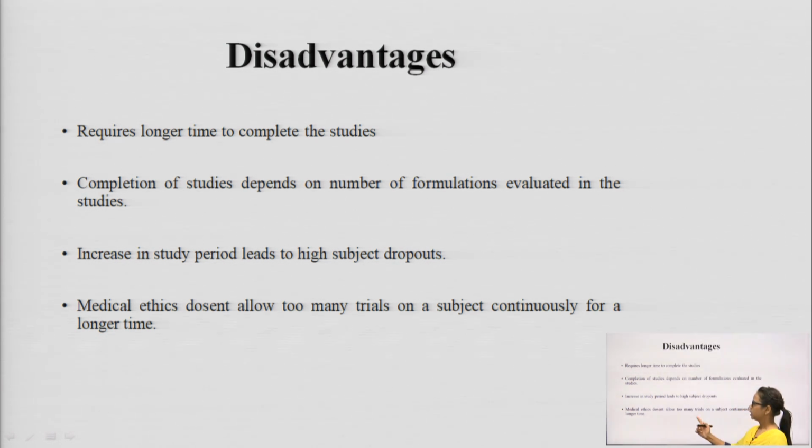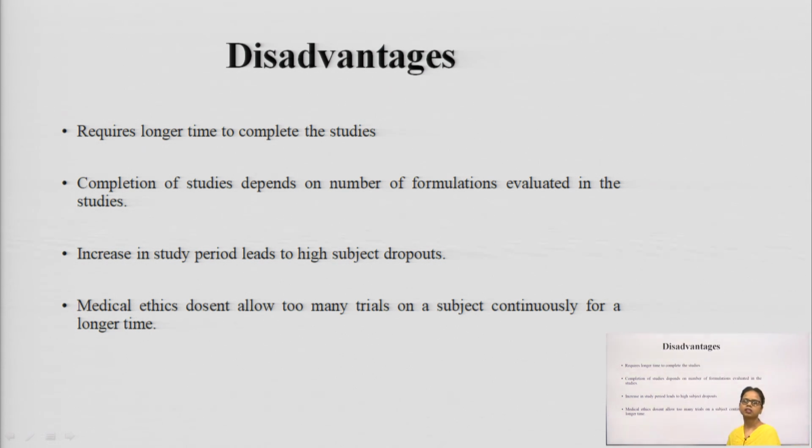Next, an increase in study period leads to high subject dropouts, because of the longer time to complete the study, we have to drop out subjects. Next, medical ethics doesn't allow too many trials on a subject continuously for a longer time.